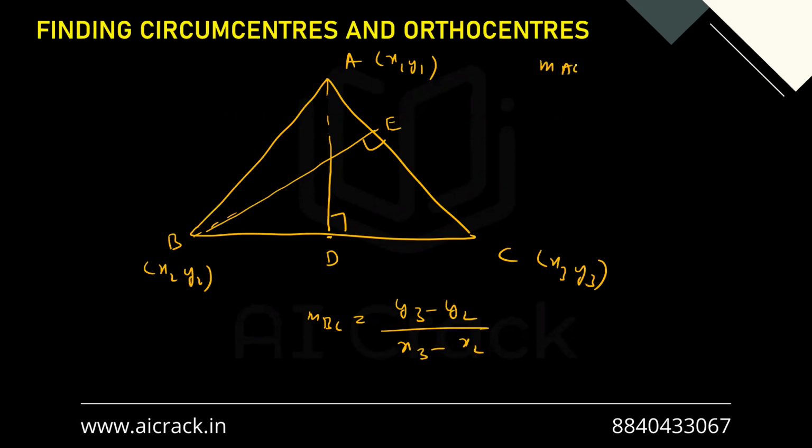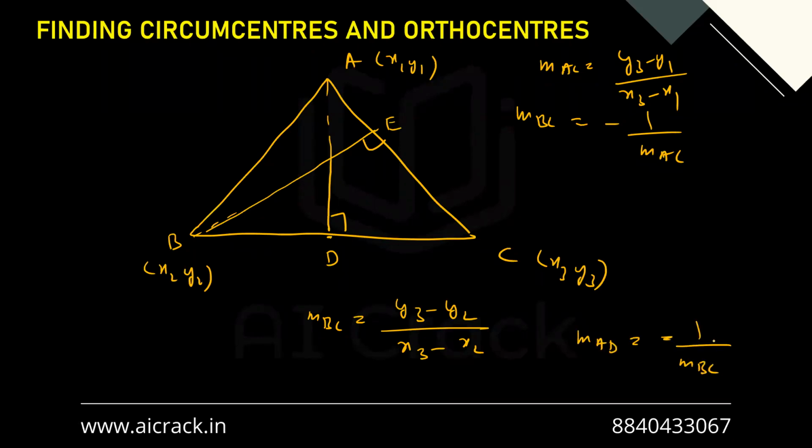Similarly, MAC would be y3 minus y1 divided by x3 minus x1, right? Now the slope of this perpendicular would be minus 1 by MAC. Similarly, MAD would be minus 1 upon MBC, right?